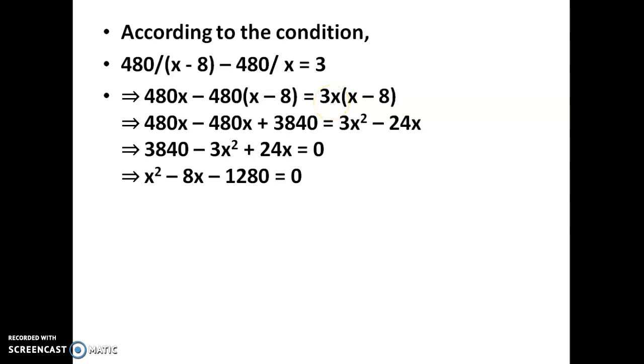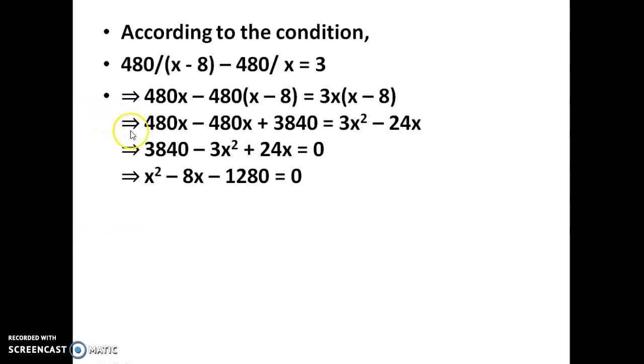Then furthermore removing the brackets. Here also a bracket is there and in the RHS also a bracket is there. Remove the bracket by multiplying inside. So the expression will be reduced to x square minus 8x minus 1280 equal to 0.